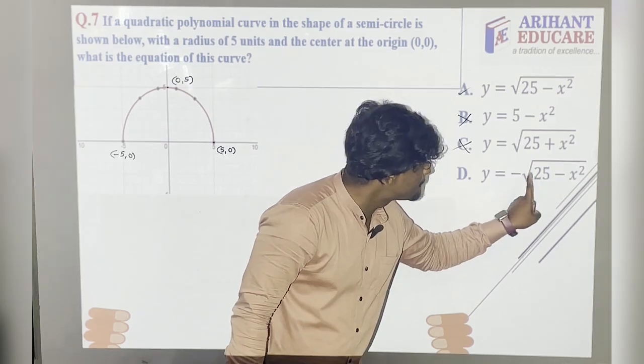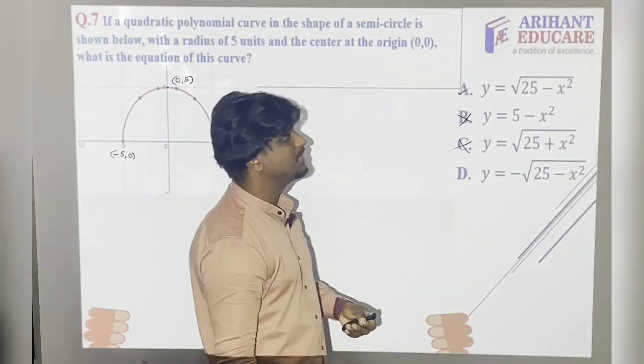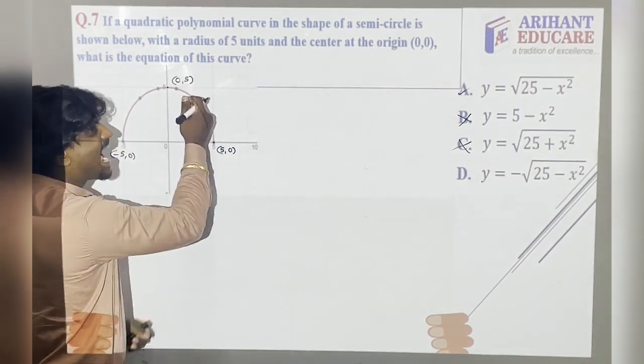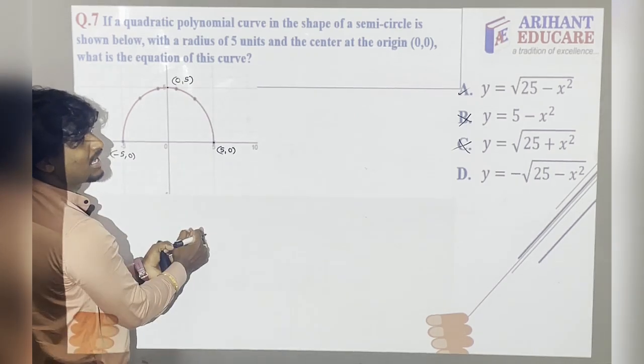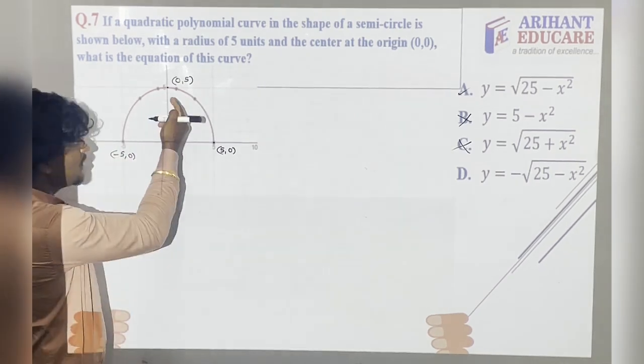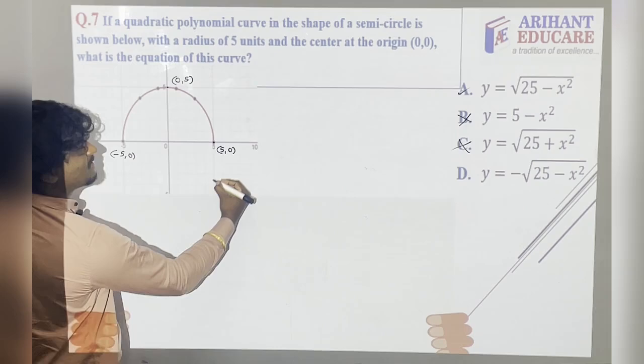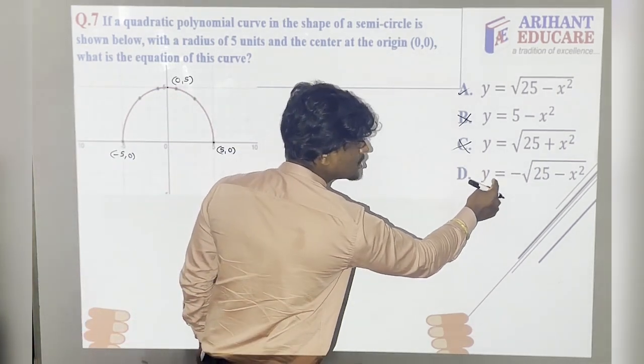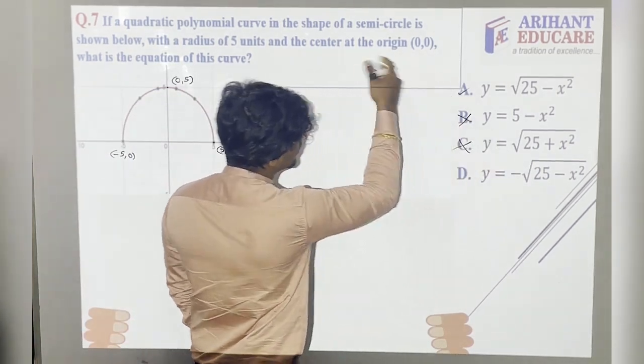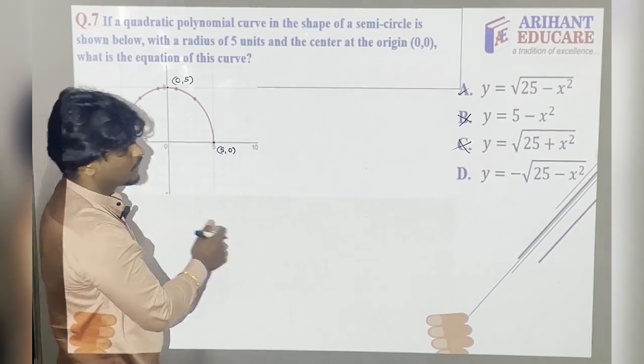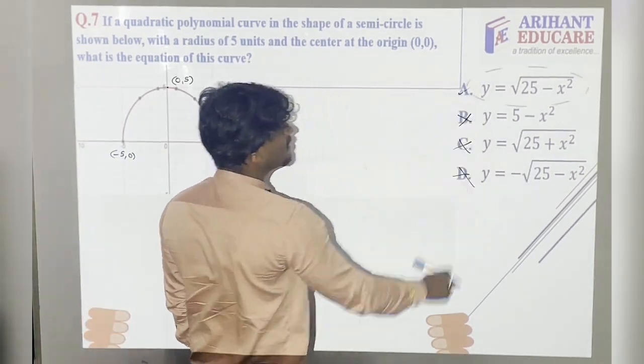But there is a minus outside, so I am not getting 5, I will get minus 5. In case this curve was drawn like the lower half, then this equation would get satisfied. So the answer is option A.